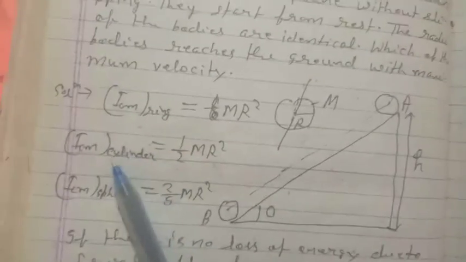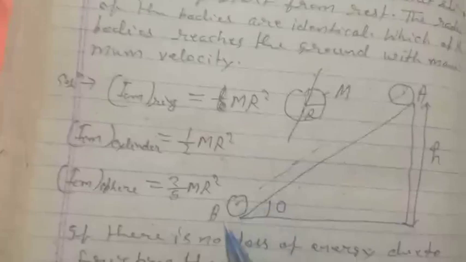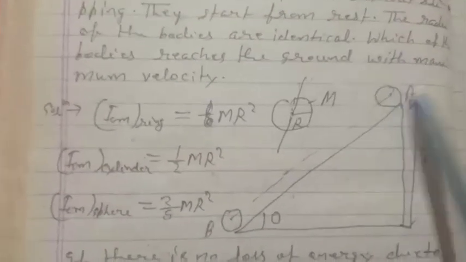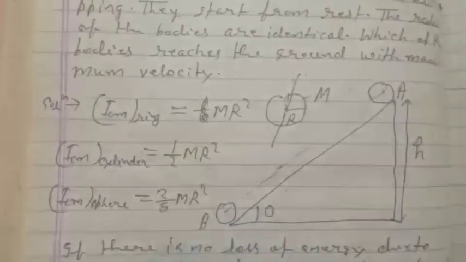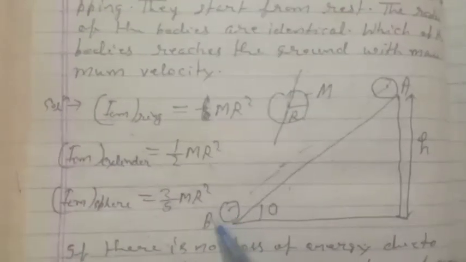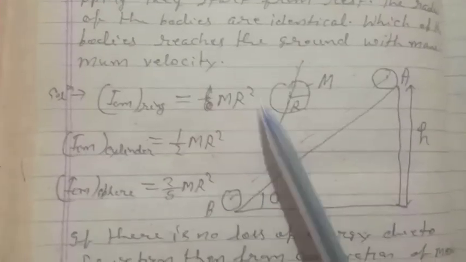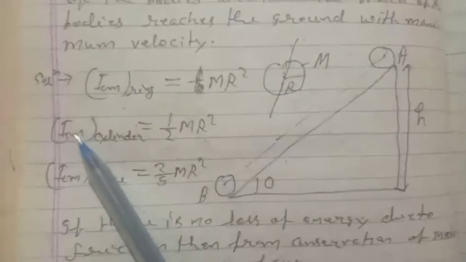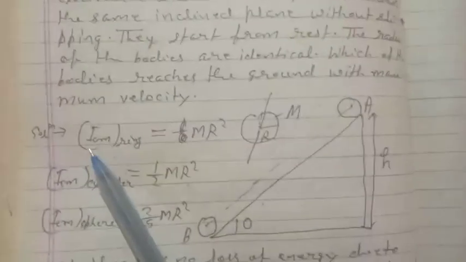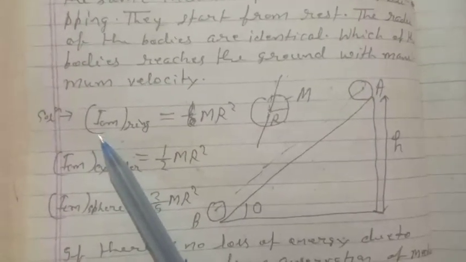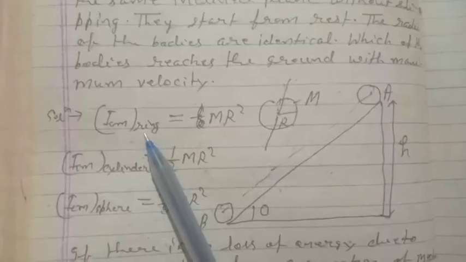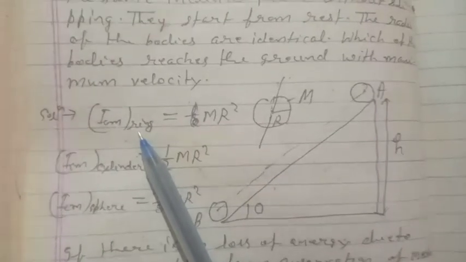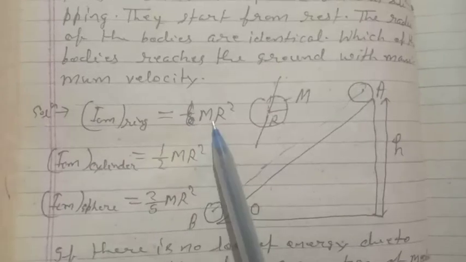Now the condition is shown here. This is an inclined plane, and the body is set free from A to roll down, and the body comes to B. So we have to calculate the maximum velocity of the three bodies, which body has maximum velocity at point B. Now we know that ICM of the ring, that is the moment of inertia of the ring about the center of mass, is mr square.